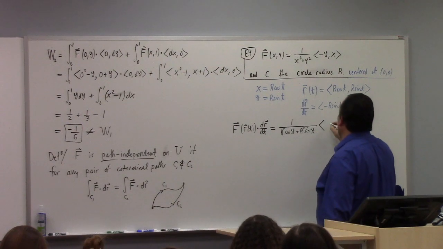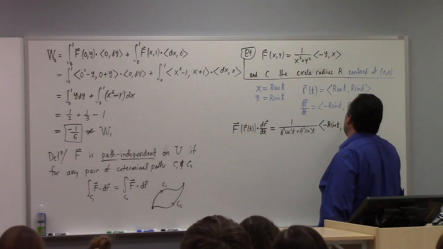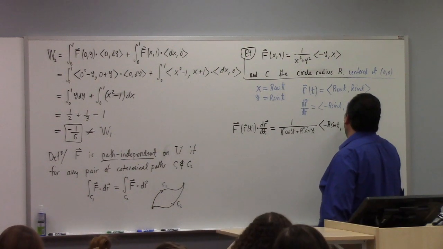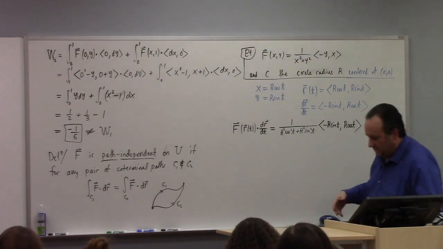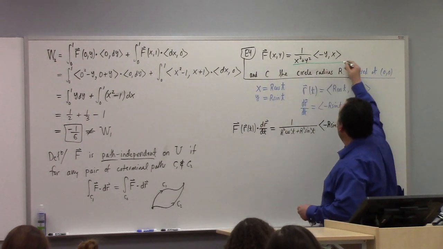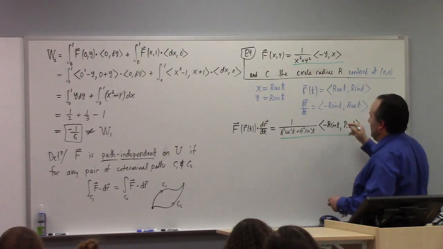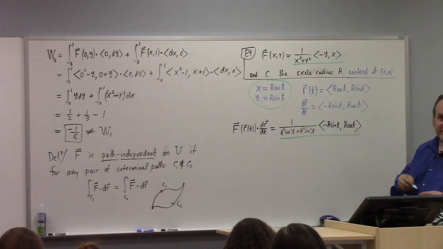My minus y is minus r sine t and r cosine t. So all I'm doing so far, guys, is just plugging in the definition of my vector field, into the x and the y formulas. Do you guys see it?